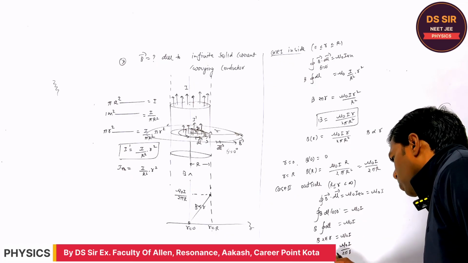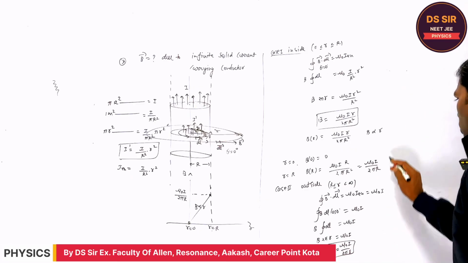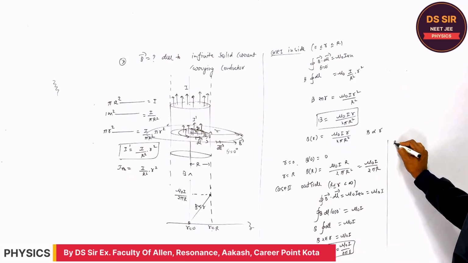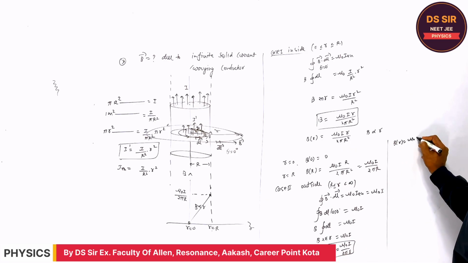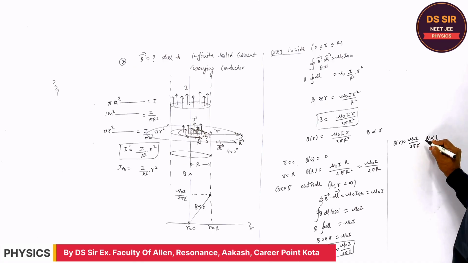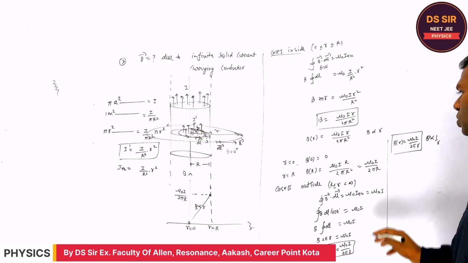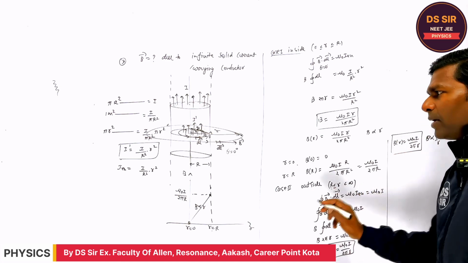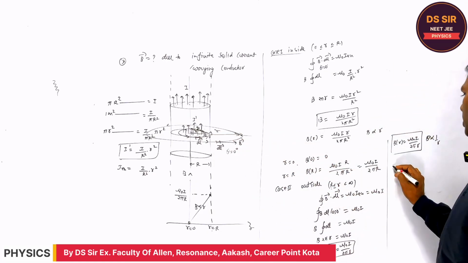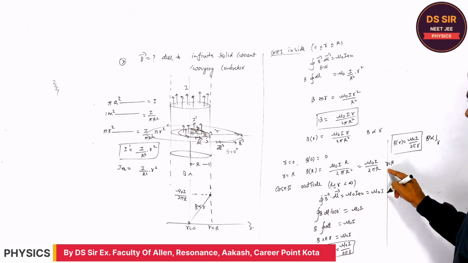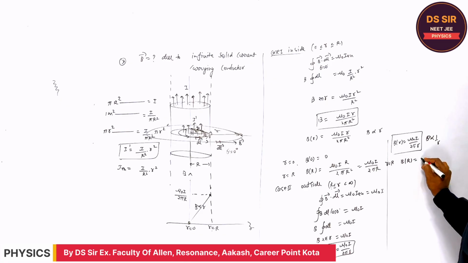Is it clear or not, you tell? So if you consider the outside, the magnetic field is mu naught I upon 2 pi r. Here B is inversely proportional to r. Are you getting or not? So the value of r varies from the surface to infinity. On the surface, r is equal to capital R. What is the magnetic field value?